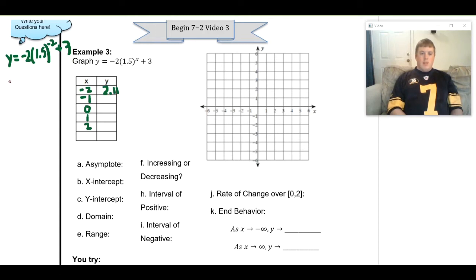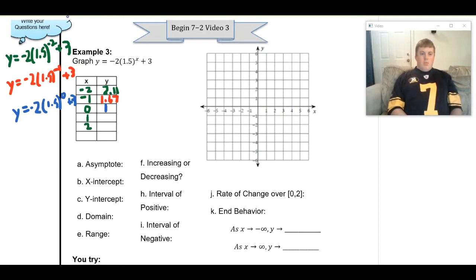I would want to go ahead and do that with the rest of my values. I would plug in -1, and that is going to give me, when I type it into my calculator, 1.67. When I plug in 0, I'm going to do the same thing, and I'm going to rely on my calculator again, and I am going to get that when I plug in 0, that is going to give me 1.